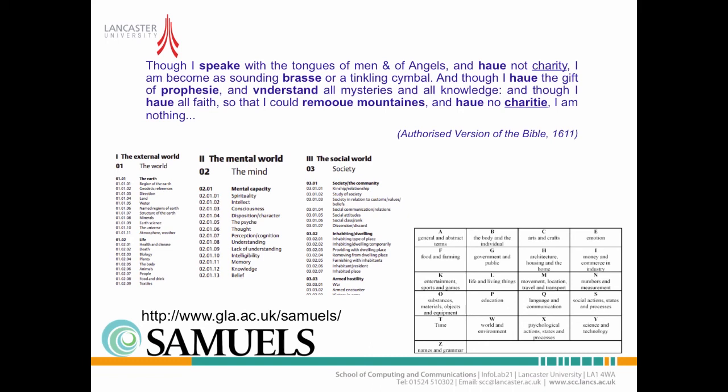And also our semantic taxonomy that we've used here, as I showed you, is very much a modern and Western view of dividing up the world. So two things that we're working on in the Samuels project, more details here at this website, are these spelling variation and this change in meaning over time.